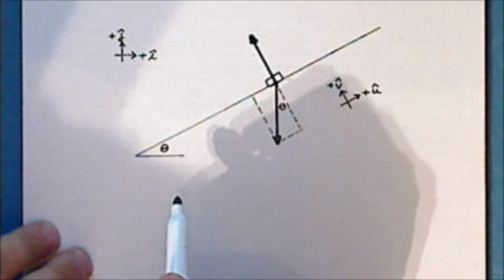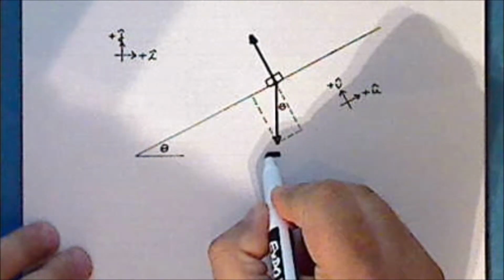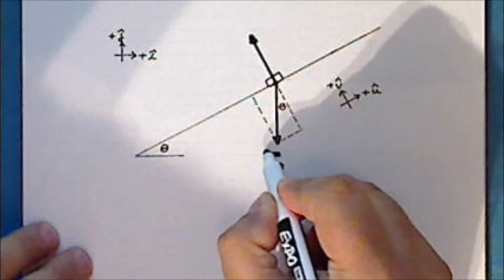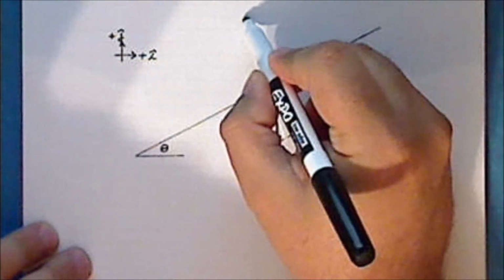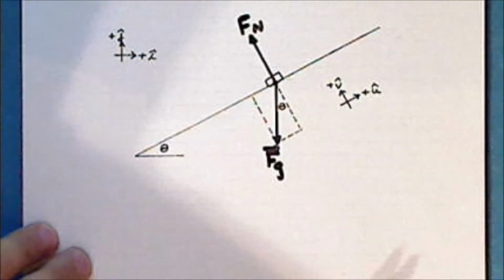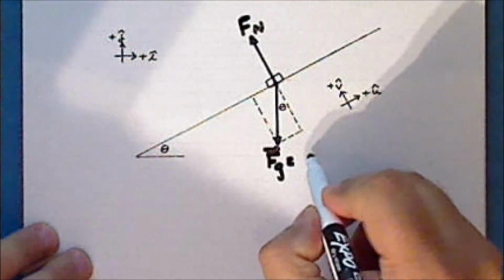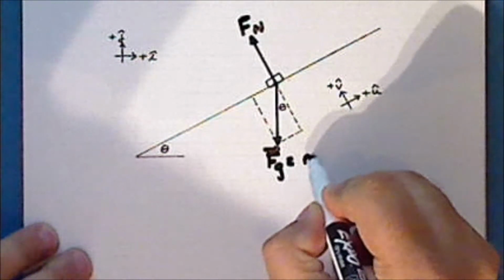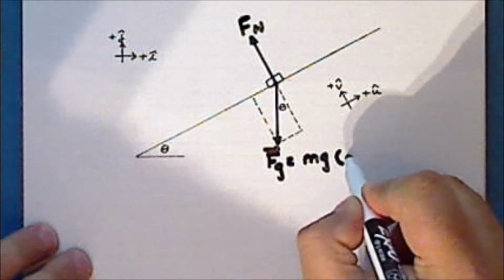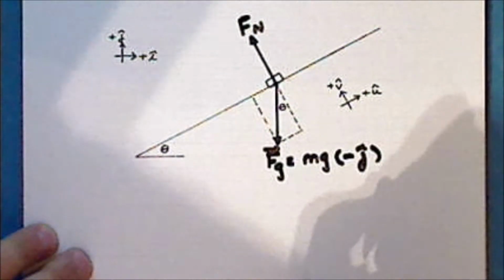In the absence of friction, there are two forces that act on the object, the force of gravity and a normal force perpendicular to the surface of the plane. Now, the force of gravity has a magnitude of m times g and is directed in the negative j hat direction.